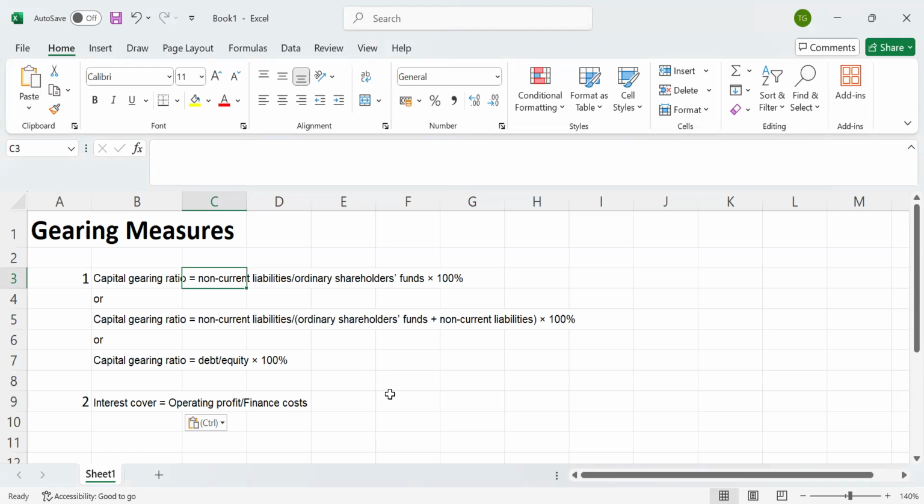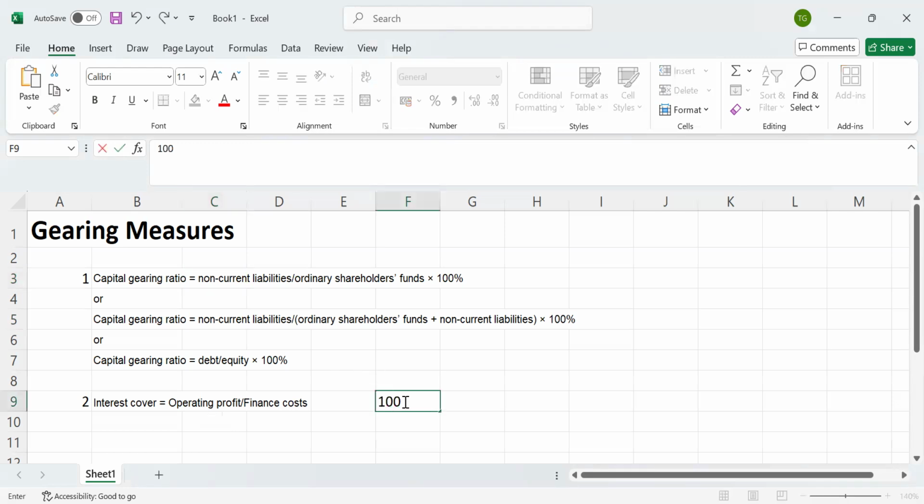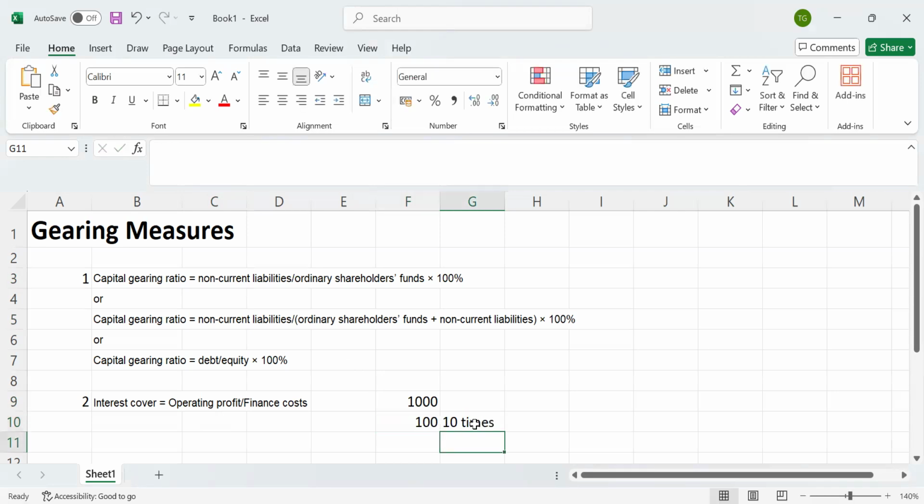So let's suppose I have earned a profit of 1,000 rupees and the interest that I have to pay to the market is 100 rupees, then I am in a position to pay this interest 10 times, because I have 100 rupees which I have to pay as interest and my profits are 1,000. That means I can pay my interest 10 times with the amount of profit that I have generated.